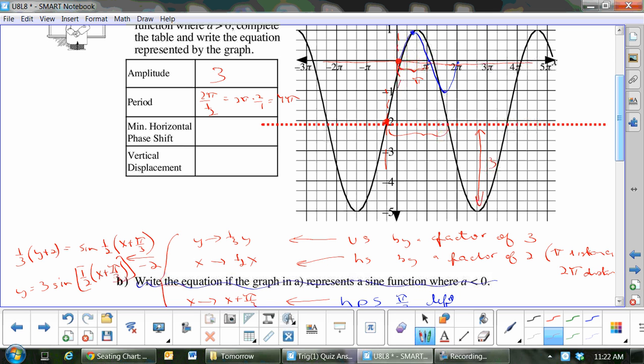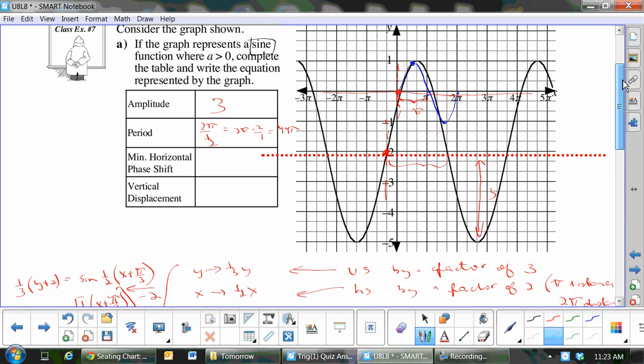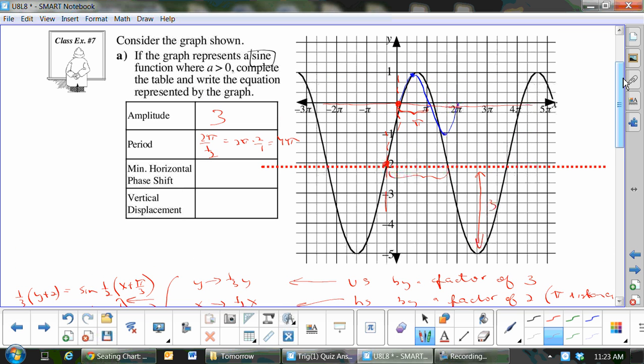Can anybody give me another way you could find the period? Remember how I showed you yesterday when we first started? A nice easy way to find period is peak to peak. Do you remember that little talk?